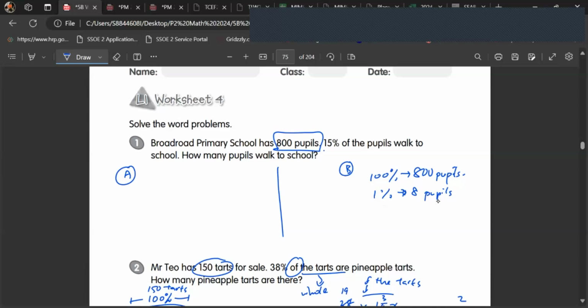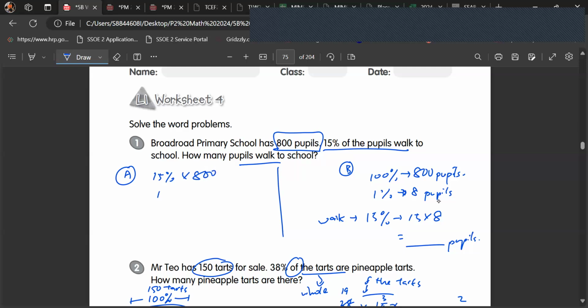And then you are looking for the ones who walk, so walk is 15%. So 15 times 8. Now method A will be 15% out of 800. So I'm doing 15 out of 100 times 800, which actually gives you the same thing, 15 times 8.